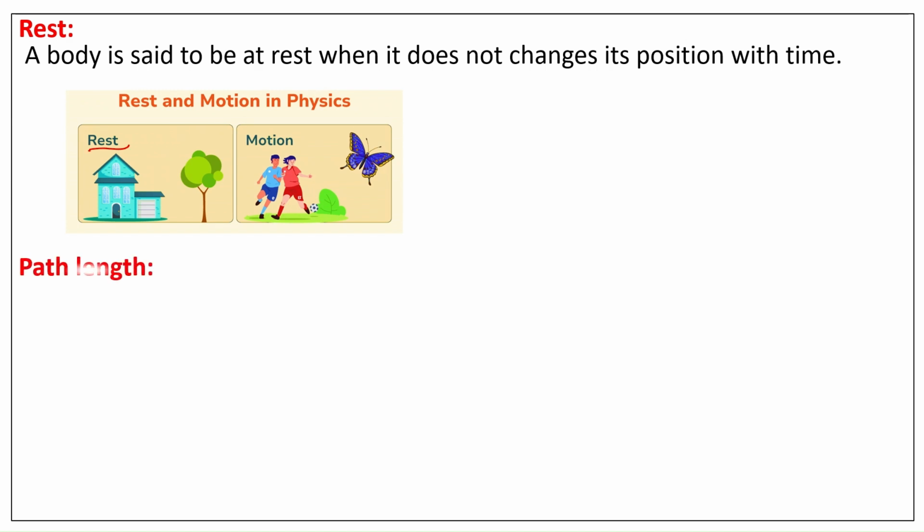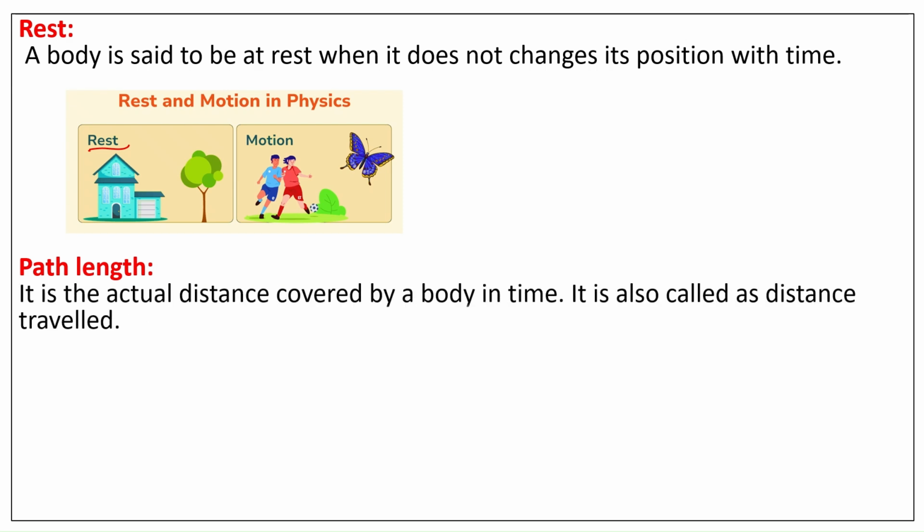Path length. It is the actual distance covered by a body in time. It is also called distance traveled. Example. Consider A to B. A car started from A towards B. Therefore, distance of car is AB.